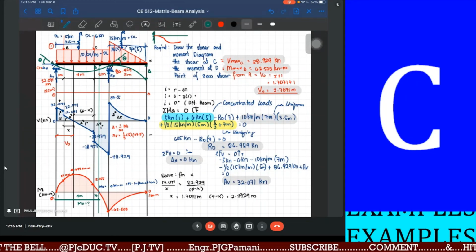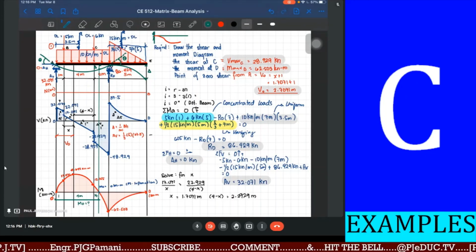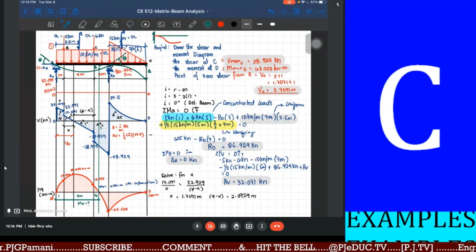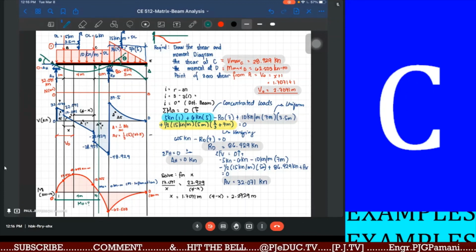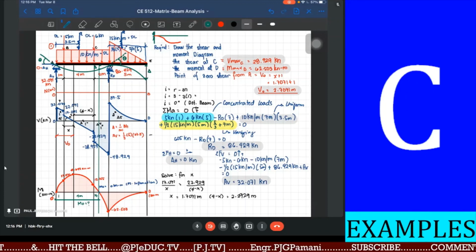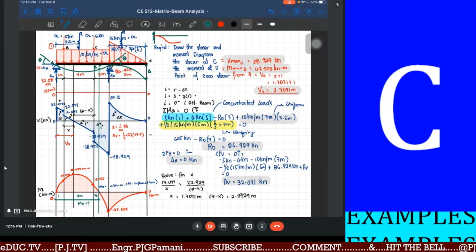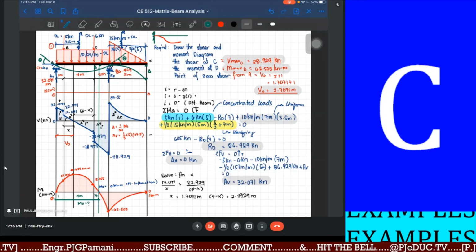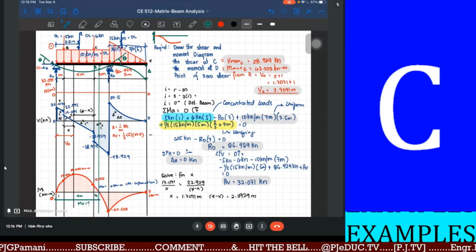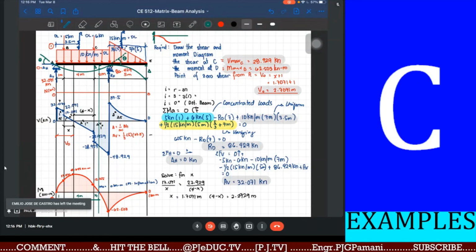Hello? That is 48.929 kilonewton. Okay? How about the maximum moment? Which is practically also the moment at point D, 62.503 kilonewton meter.